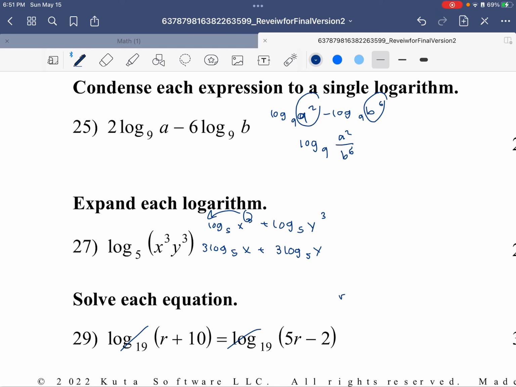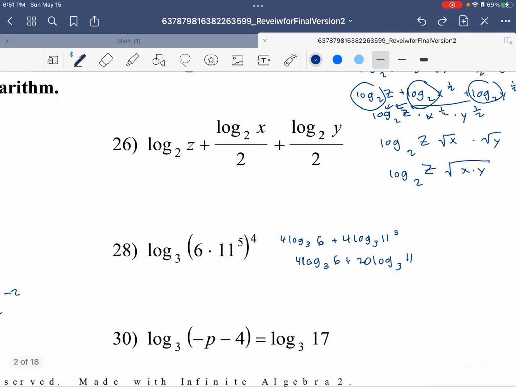And we're left with r plus 10 equals 5r minus 2. And I'm going to combine like terms to get this. So r minus 5r is negative 4r. And then minus 2 minus 10 is minus 12. And then negative 12 divided by negative 4 is 3. So that's the answer for that.